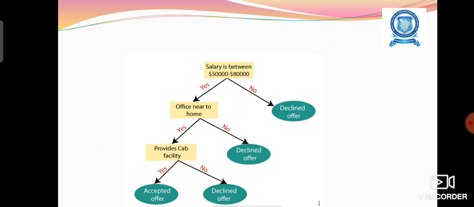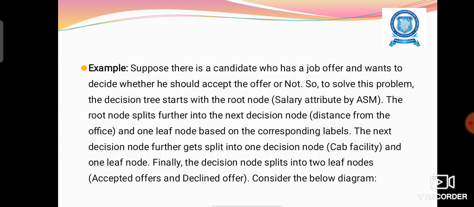There will be two branches from that, yes branch and no branch. If it is no, he will decline the offer. If it is yes, he will accept the offer. So this is a simple example for the decision tree. In each decision node there will be condition checking. So the decision node splits into two leaf nodes. Finally, yes or no.